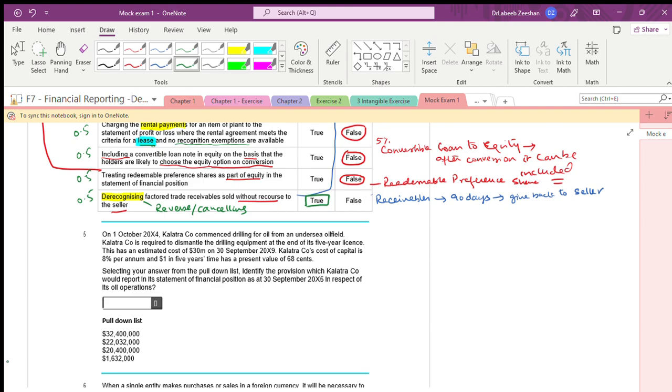Kalatra's cost of capital is 8%, and the present value of $1 in 5 years' time is 68 cents. Select your answer from the pull-down list to identify the provision which should be in the financial statements as on 30th September 2005 in respect of its oil operations.